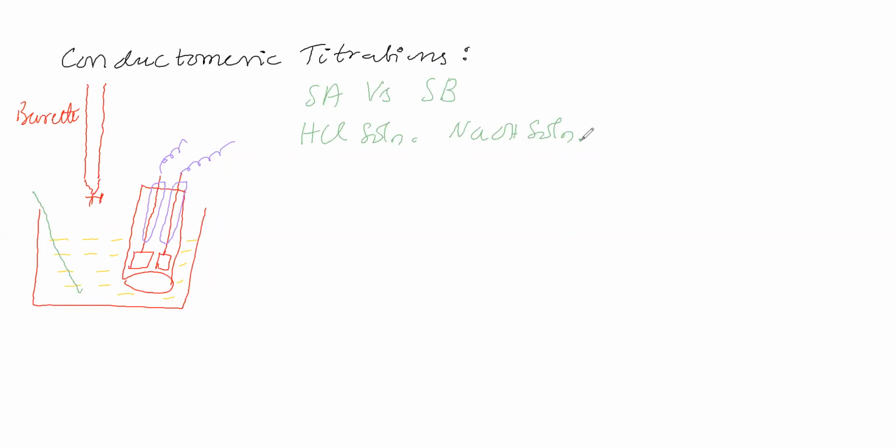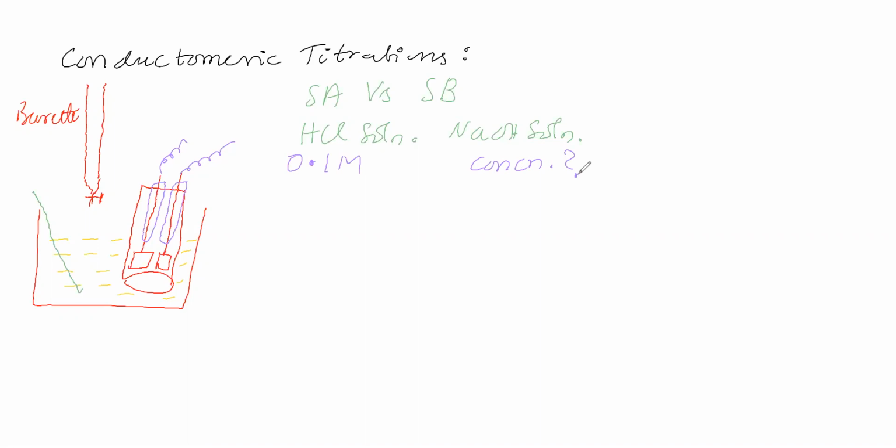Suppose the HCl solution concentration is 0.1 molar. We have to find the sodium hydroxide solution concentration. Using this conductometric titration, we have to find the sodium hydroxide solution concentration.